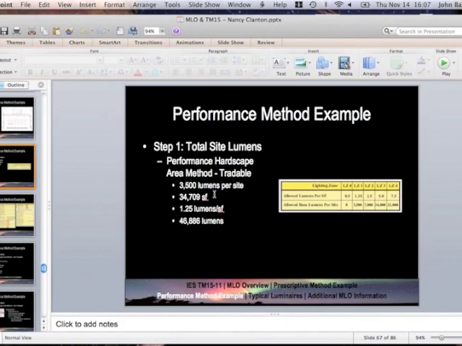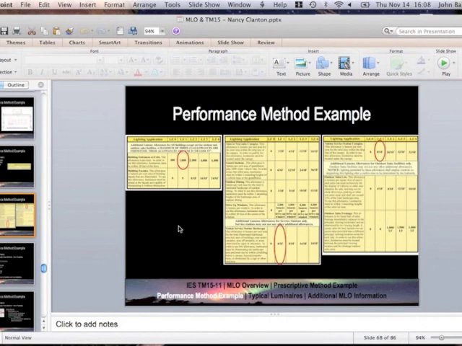With that, we multiply our total site lumens by our square footage, to the lumen limit, and we come up with 46,000 plus lumens that were allowed. Now, because we're a gas station, we get a few extra items that we can apply to it.